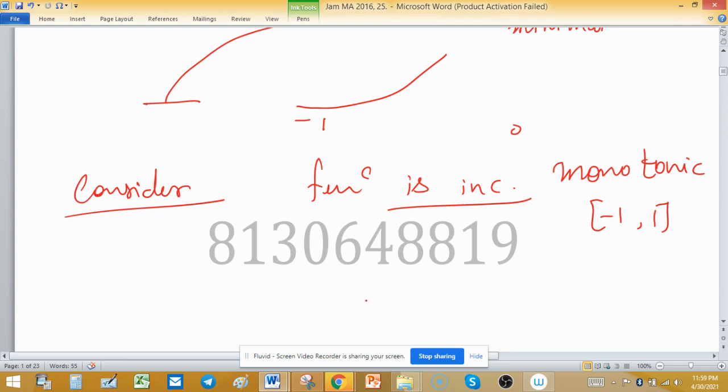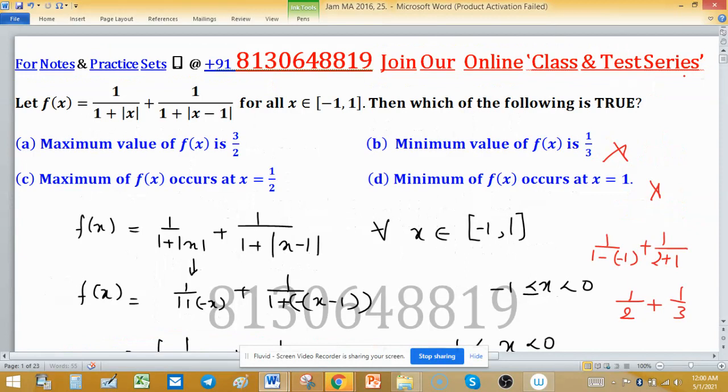So if it is increasing, then the maximum value of the function is at 1. So the max value will be at 1. So 1/(1+1) + 1, it means 1/2 + 1 equals 3/2. So the maximum value of the function is at 1 and this is equal to 3/2. So option A is correct.